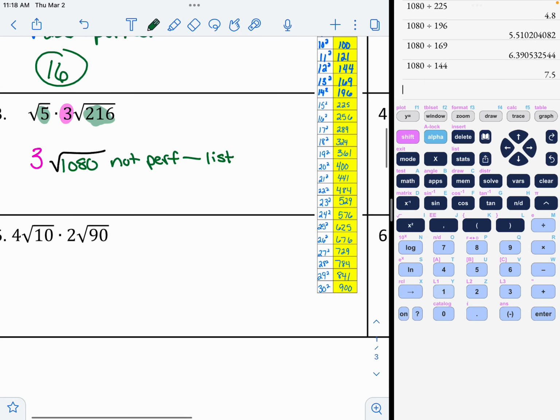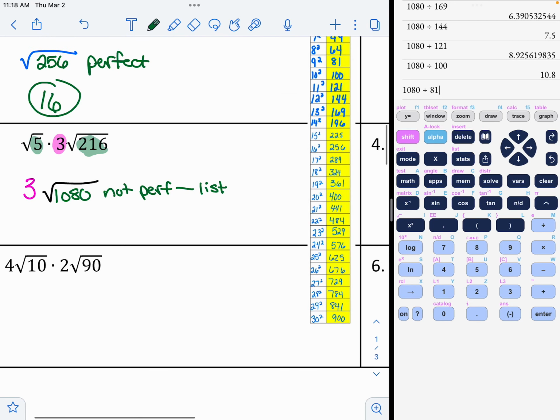I'm getting closer. 121. 1080 divided by 100. This is not the only way to do this, but this is that one way that works all the time. Where am I at? 64 now?